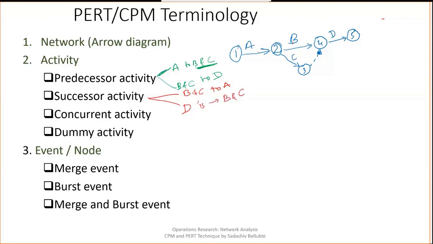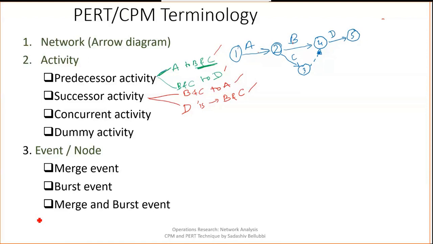So by seeing the diagram, you can say that A is a predecessor to B and C, and B and C are predecessors to D. Or else we can say B and C are successors to A, and D is a successor to B and C. And third comes the concurrent activity. What do you mean by concurrent activity?